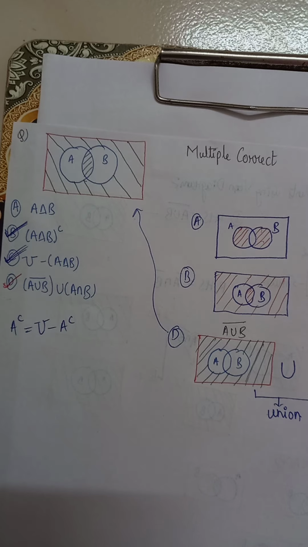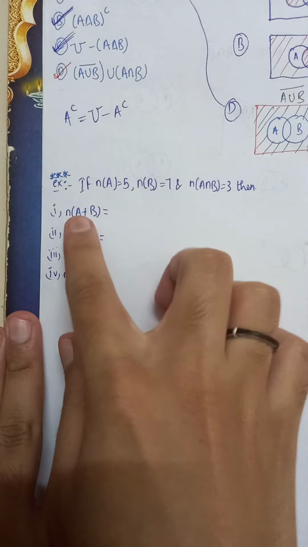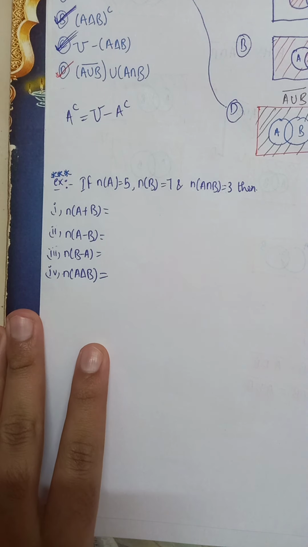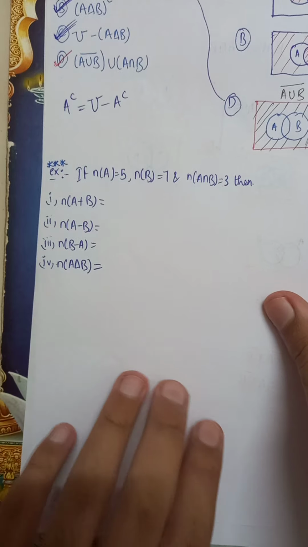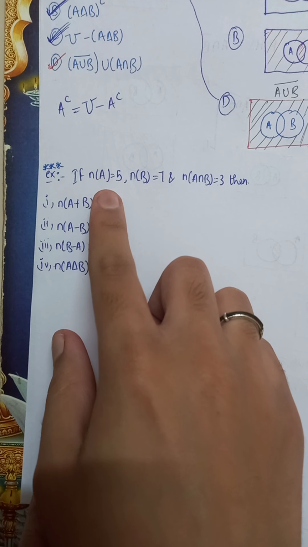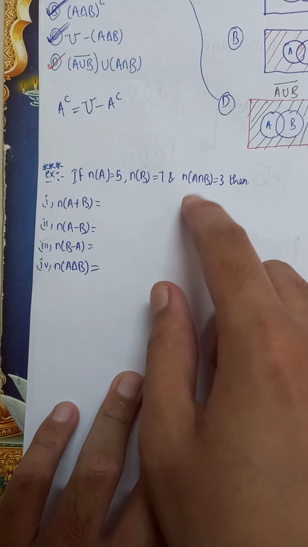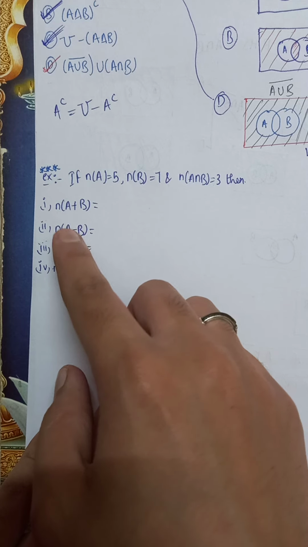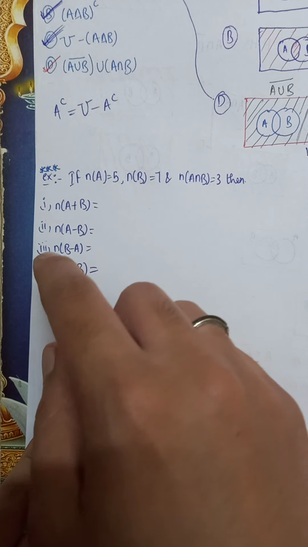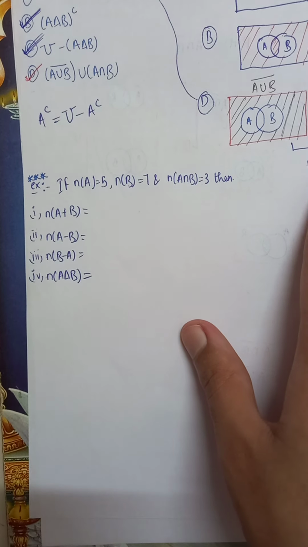So now let's move on to the next example. This next example is super important. Why important? Because you need to apply your mind, you need to think logically. If the number of elements in set A is 5, the number of elements in set B is 7, and the number of elements in A intersection B is 3, then what is n of A plus B, n of A minus B, n of B minus A, and the number of elements in the symmetric difference of A and B?